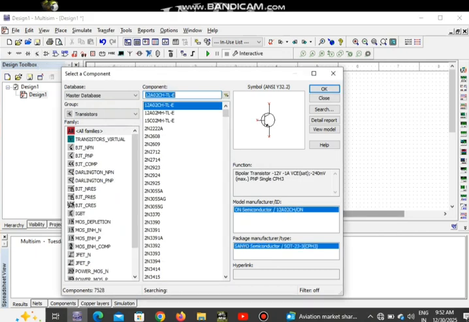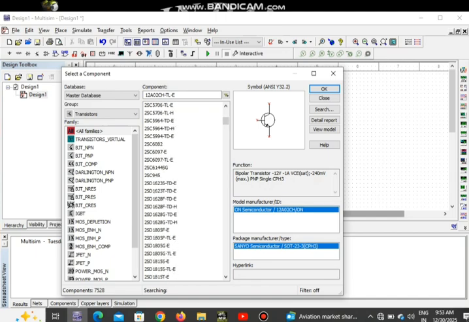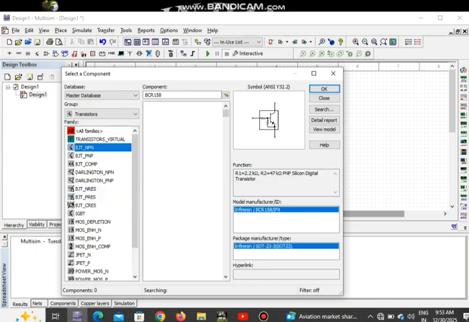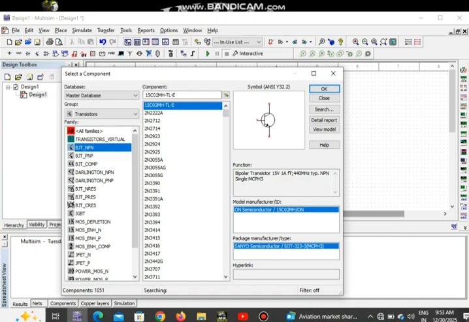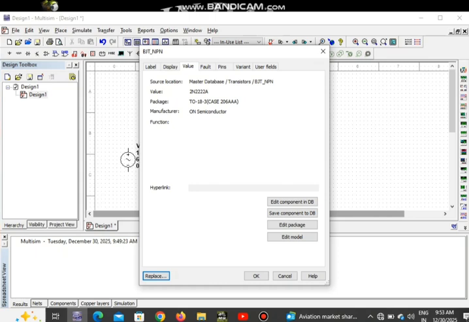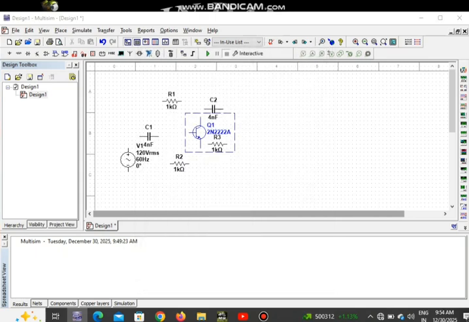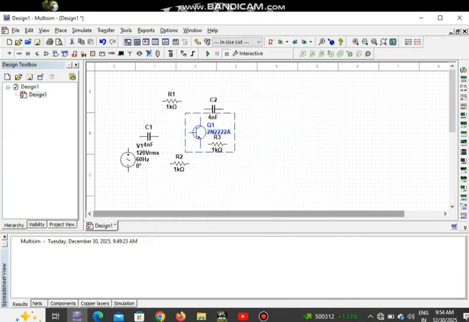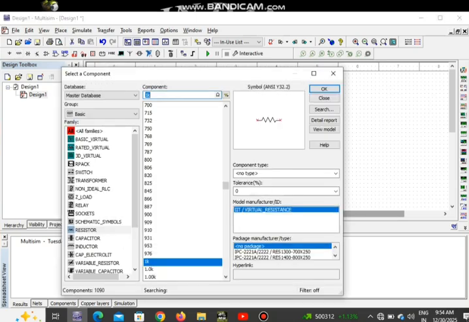Transistor, and next one, transistor configurations. Resistor, inductor.